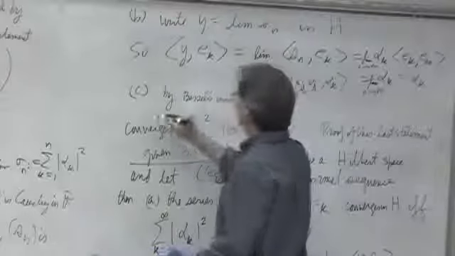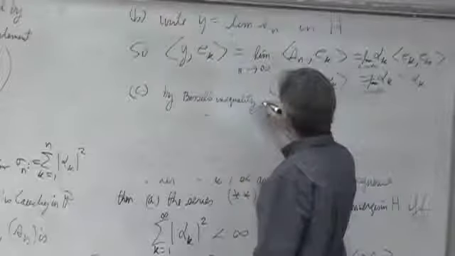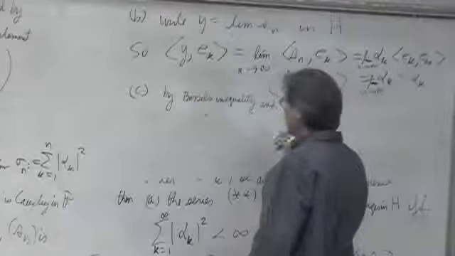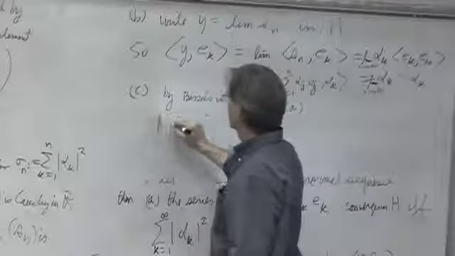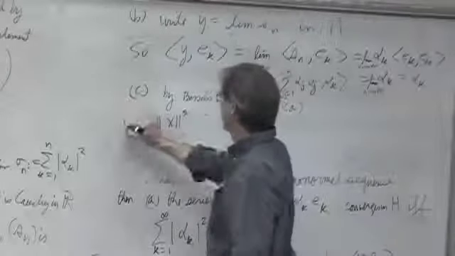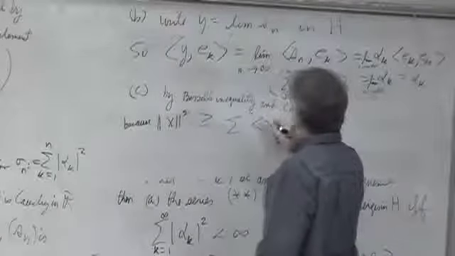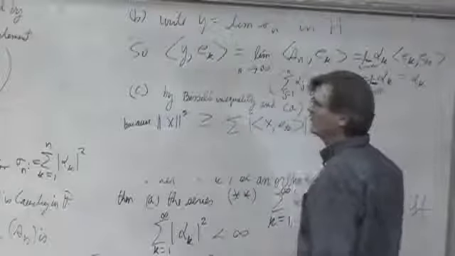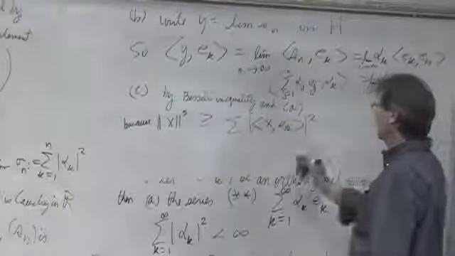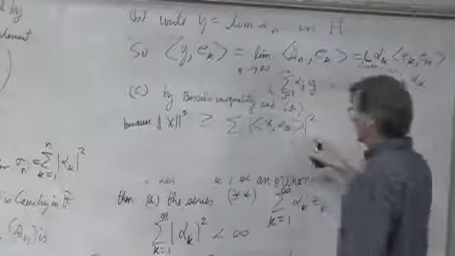And that's what we actually used in the application. Because what we said was we used Bessel's inequality and part A. Because what we said was you've got the norm of x squared is greater than or equal to summation of the inner product of x and ek squared. Okay. So, therefore, this is a finite number.